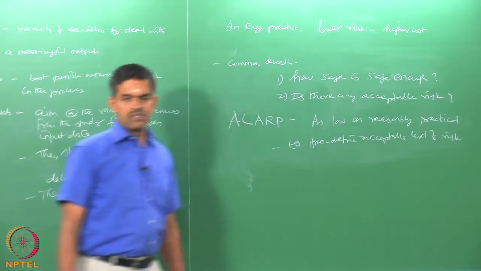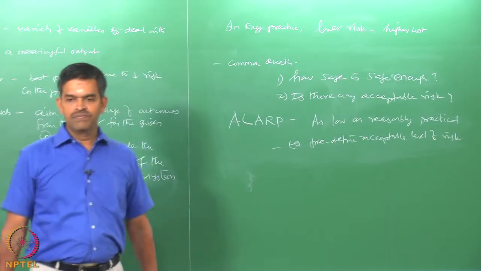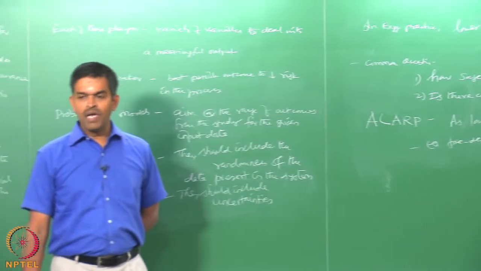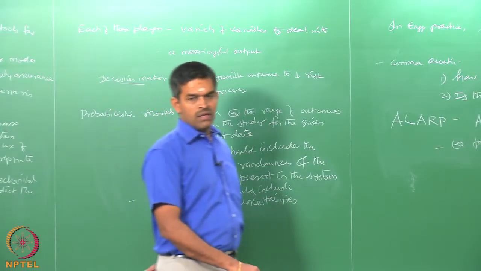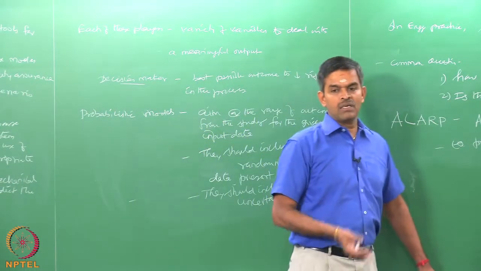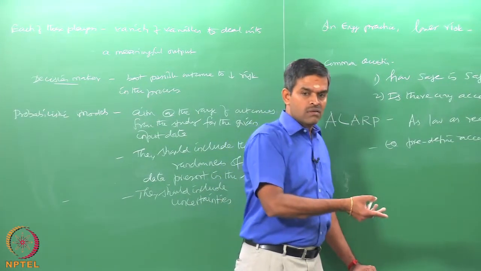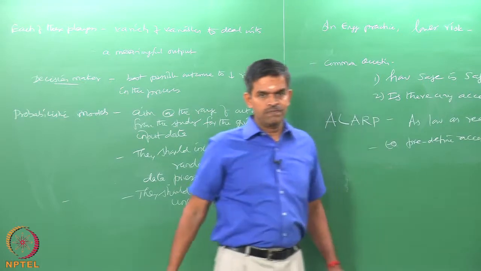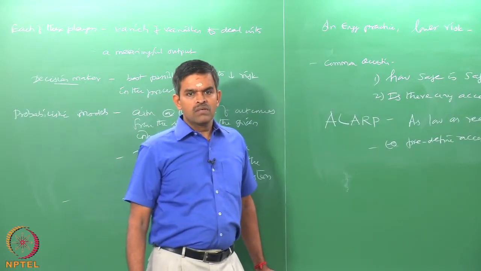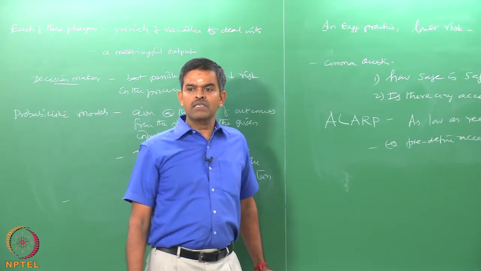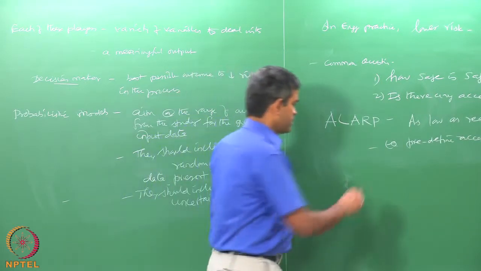So, risk acceptance is a precondition which is imposed in the offshore structural engineering domain, based on which safety is designed in such a manner that the system does not become safer than the pre-acceptable level of risk. So, the level of acceptable risk is determined by regulatory agencies, it is prefixed.